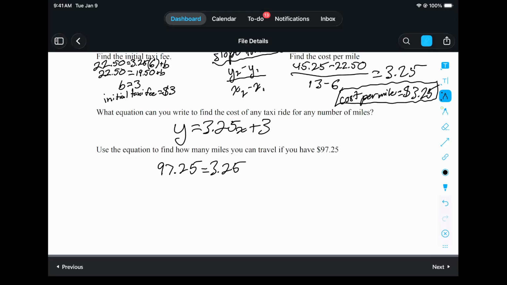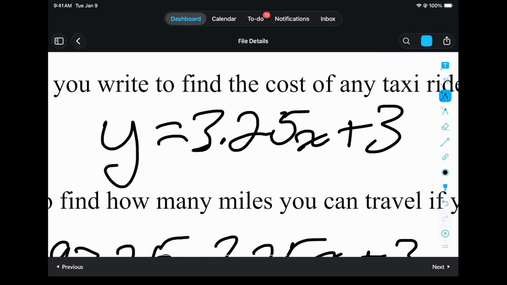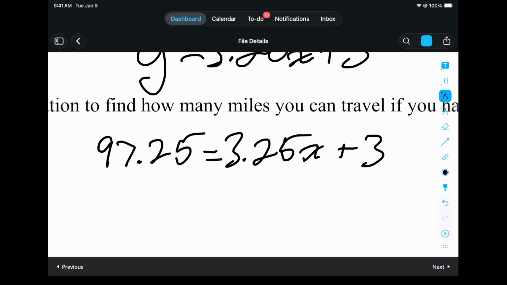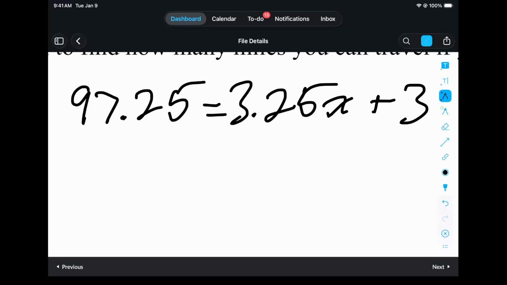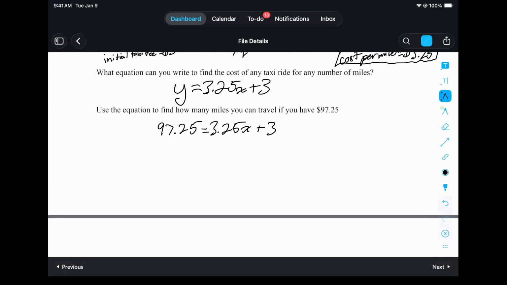The 3.25 and the 3 don't change, right? You can see our two variables are x and y in this top equation. So x is going to be how many miles, y is going to be total cost. So in this context, if the total amount of money I have is 97.25, we need the x here because we got to find the amount of miles.